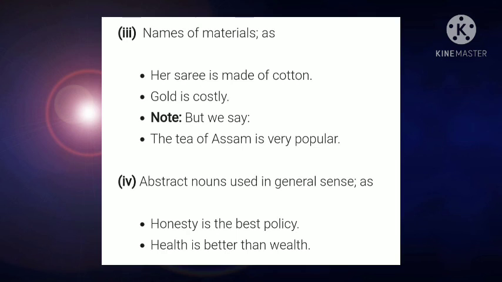And see the fourth condition. Whenever we use abstract nouns, abstract nouns are usually used in the general sense. The general proverbs will follow the abstract nouns. At that time we should not use the article the. Honesty is the best policy. Health is better than wealth. In these examples we do not use the article the.